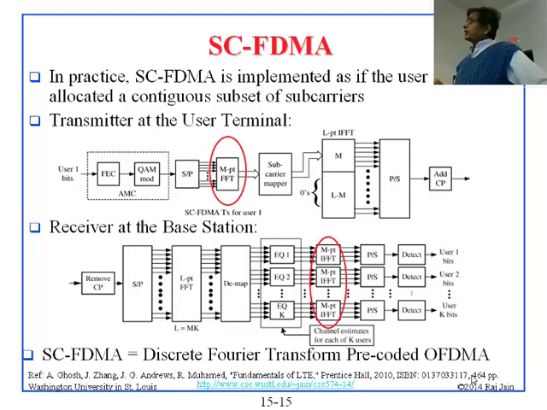Then you put the rest of the carriers at 0 and do IFFT, which takes you from frequency back to time domain. Then you do parallel to serial, so you get one sequence of symbols. You add the cyclic prefix to those symbols and you put them on the antenna.